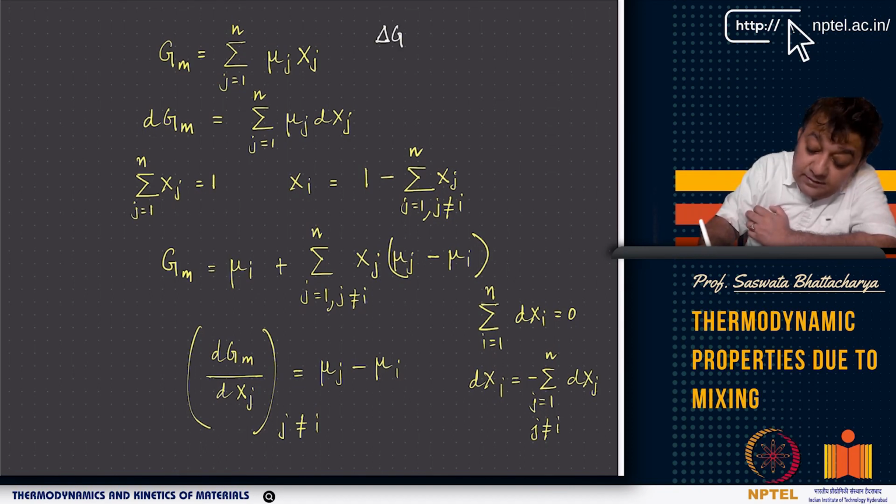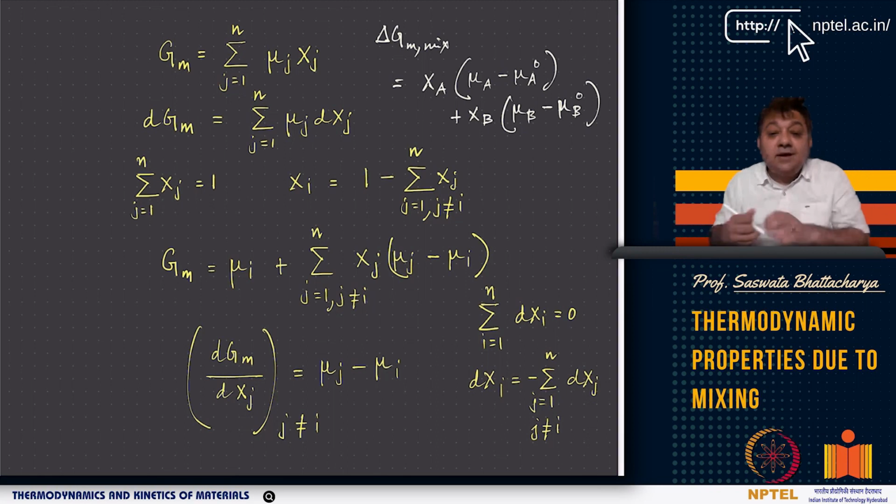Delta GM mix is XA (mu A minus mu A0) plus XB (mu B minus mu B0), where mu A and mu B are the chemical potentials of A and B in the solution, or partial molar free energies of A and B in the solution. mu A0 is for the pure form or the standard form of A, and mu B0 is the partial molar free energy in the pure form of B, or the standard form of B.